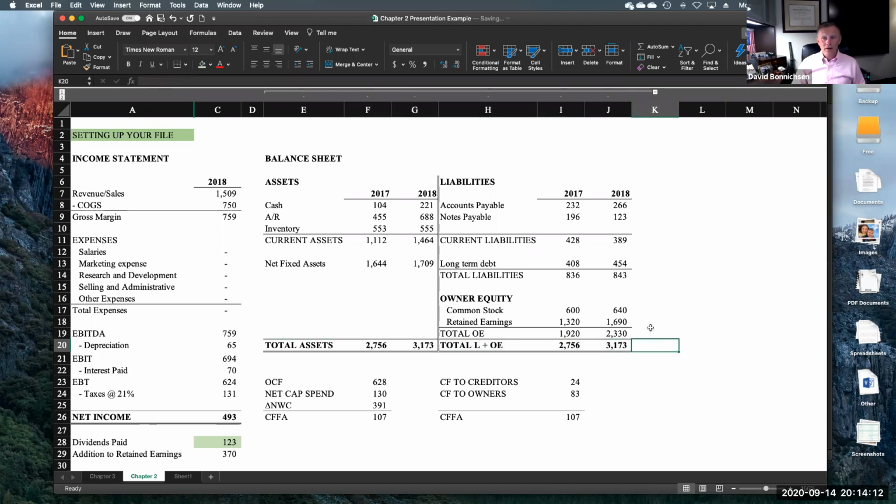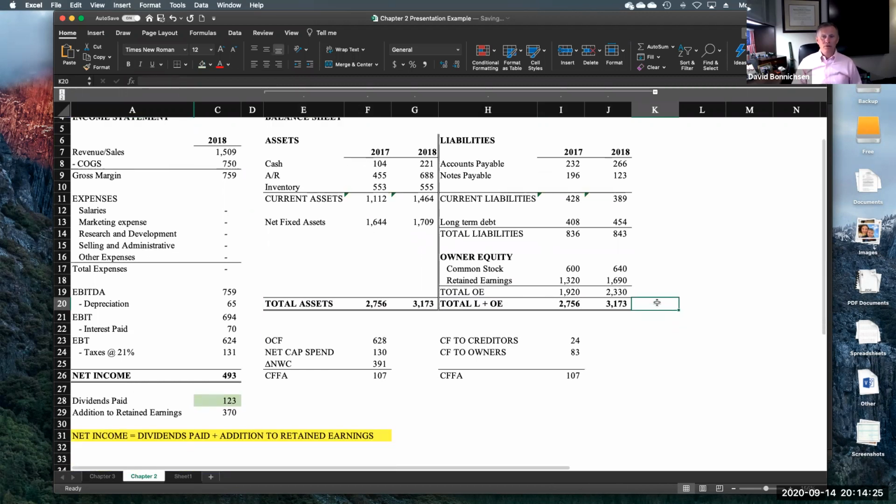Okay, now here's where you need to understand the flow. What's the difference between the 2017 and the 2018 retained earnings number? Somebody do that math.